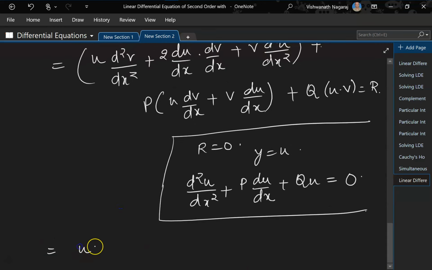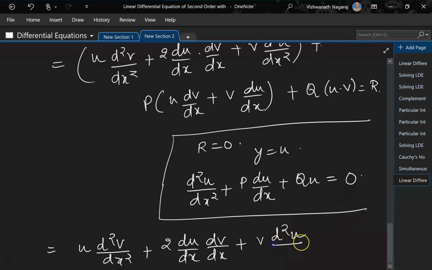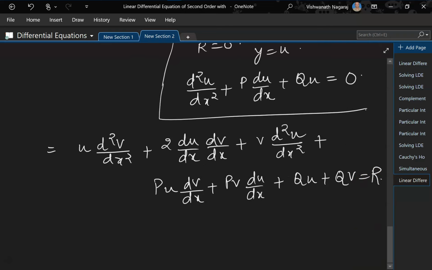So u d square v by dx square plus 2 du by dx dv by dx plus v d2u by dx square plus pu dv by dx plus pv du by dx plus qu v is equal to r.